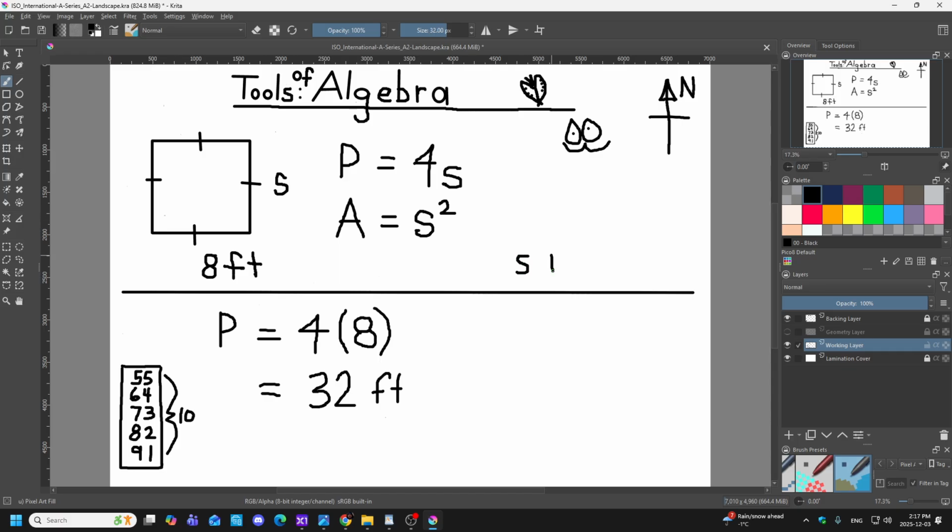Because really, when we're solving for perimeter, we're going s plus s plus s plus s. Because there's 4 of them, we're just going 4 times s. Okay, that makes sense? I hope so. There's our answer. 32 feet would have been the walking distance.